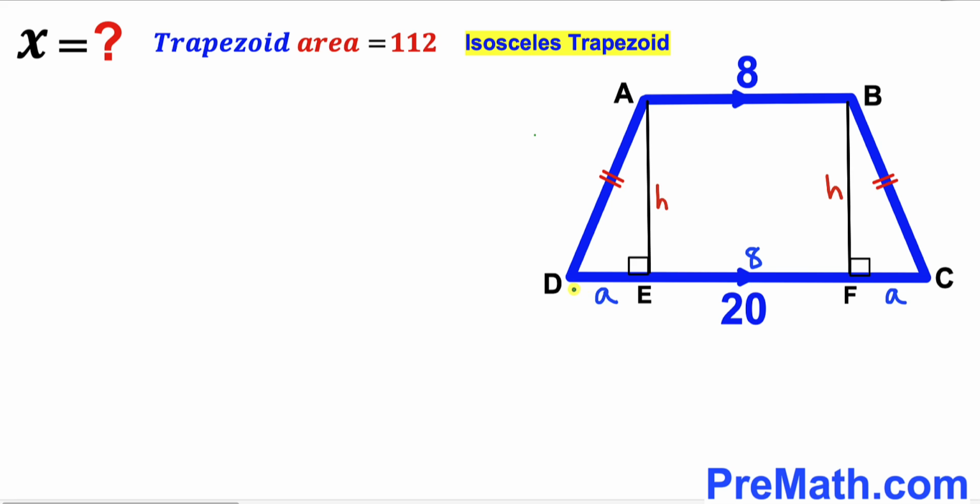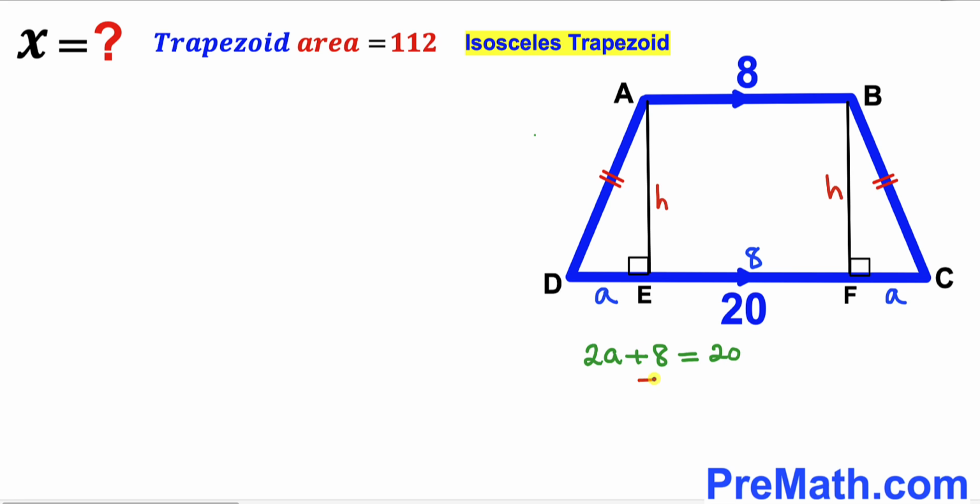So the whole base CD is a plus 8 plus a, which becomes 2a plus 8, and we know this whole CD length is 20 units, so I'm going to set it equal to 20.